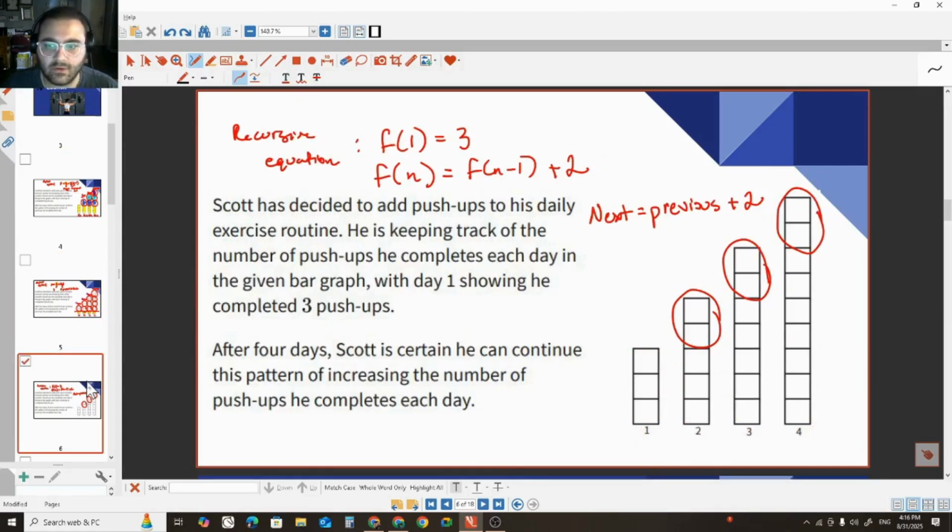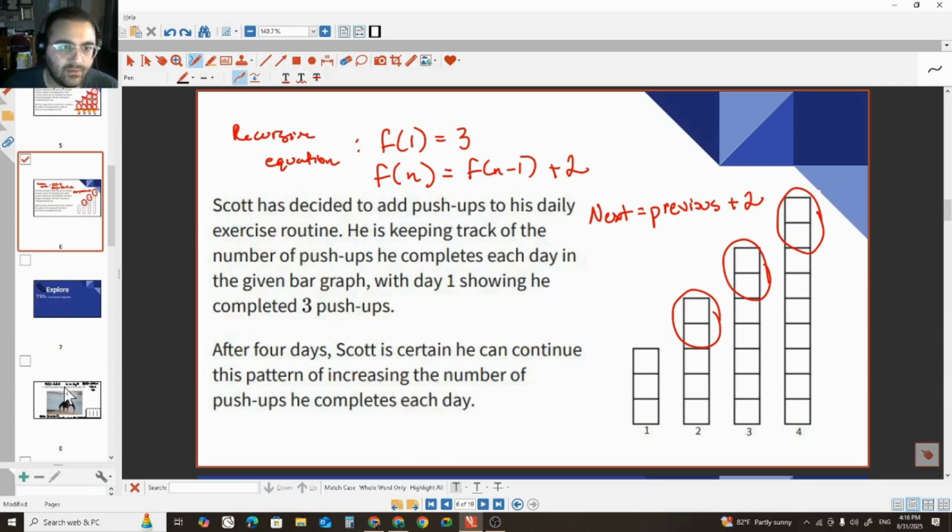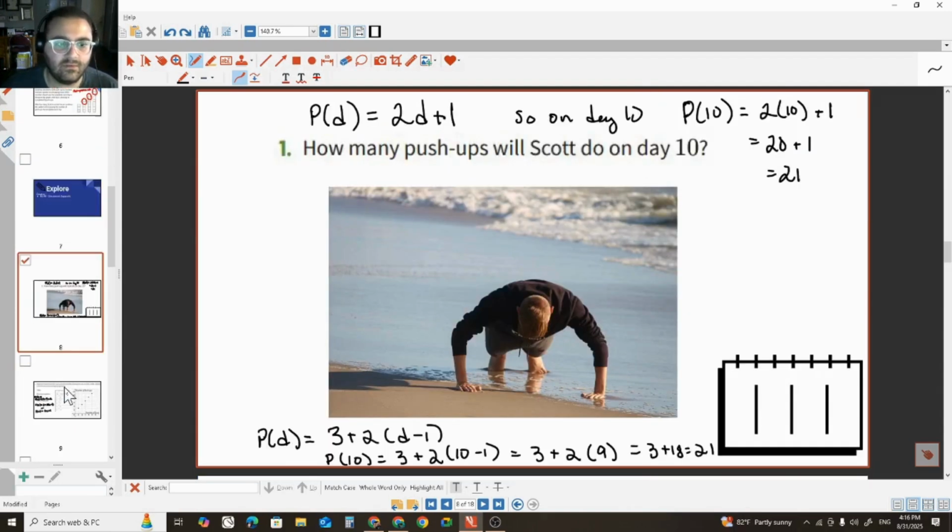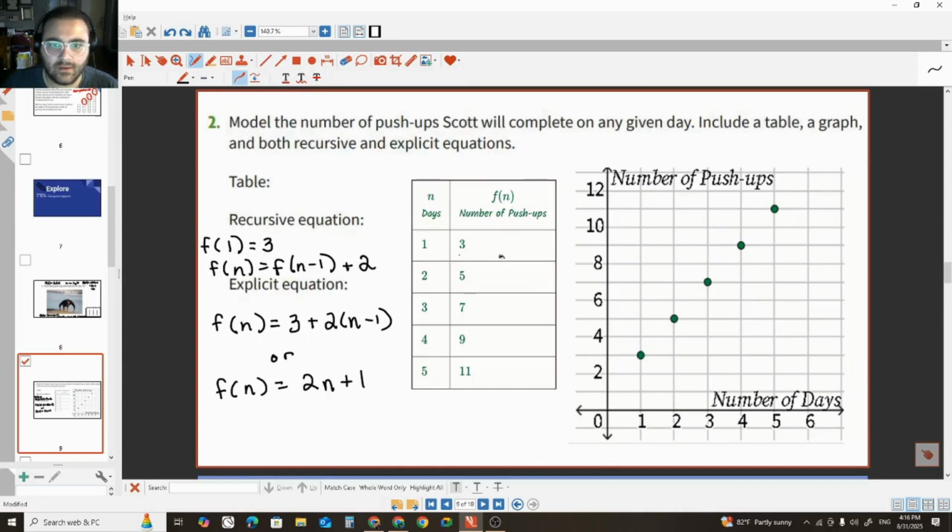Or we can think of it recursively, where we're starting with 3, then adding 2 the next day, then adding 2, and then adding 2, and so on and so forth. This leads us to believe that this is an arithmetic sequence.